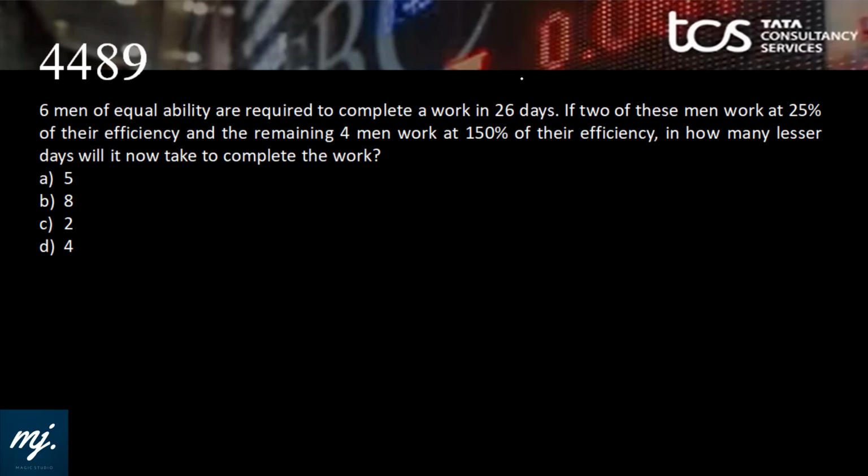Okay, the next one on your screen. 6 men of equal ability are required to complete the work in 26 days. 6 men, 26 days. If 2 of these men work at 25% of their efficiency, and the remaining 4 men work at 150% of their efficiency, means now the group of men is converted into 2 with 25% efficiency and 4 with 150% efficiency, into 1.5.